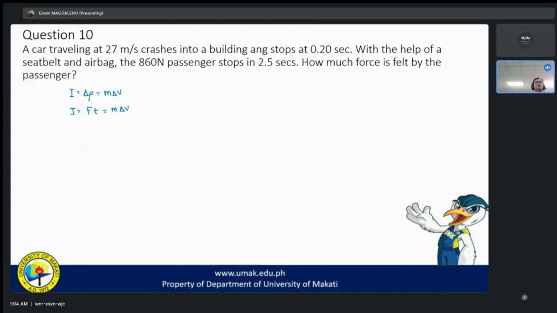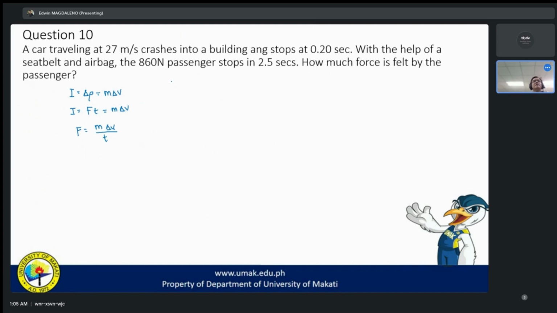So pag-equate natin dalawa. Ang hinahanap natin is how much force is felt by the passenger. So force is equal to the mass of the body times the change in velocity divided by the amount of time that the force is applied.